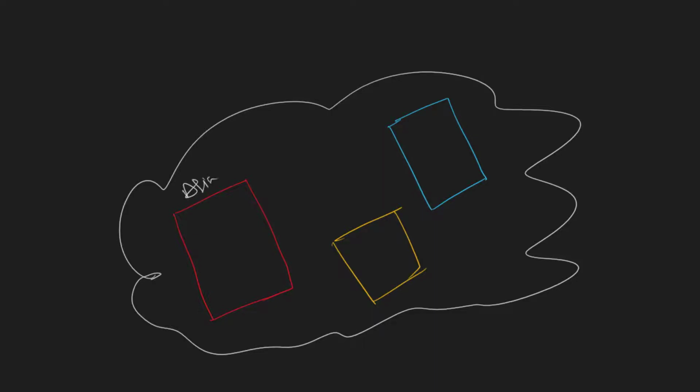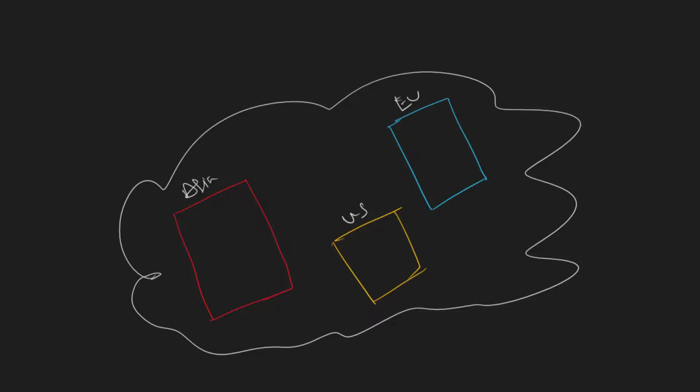So consider this is the complete network. The entire network is divided into multiple geographic regions. Consider these are three different regions: let's say this is Asia, this is Europe, and this is the US.